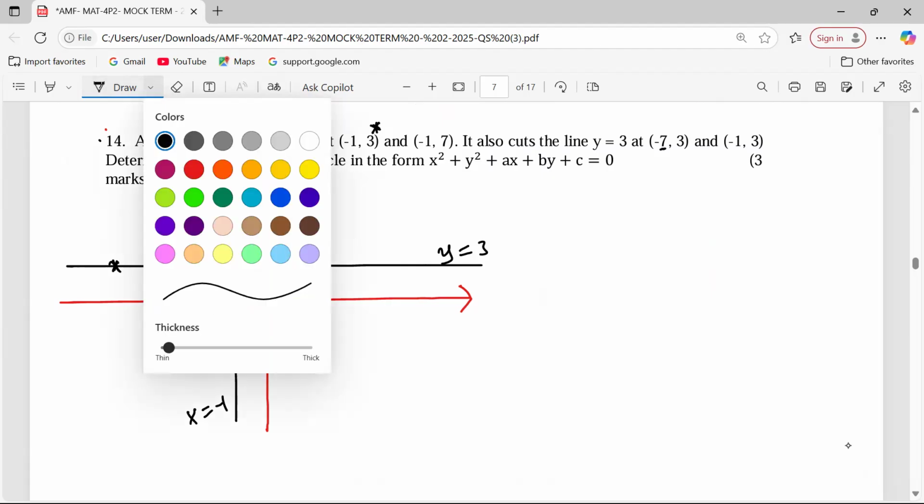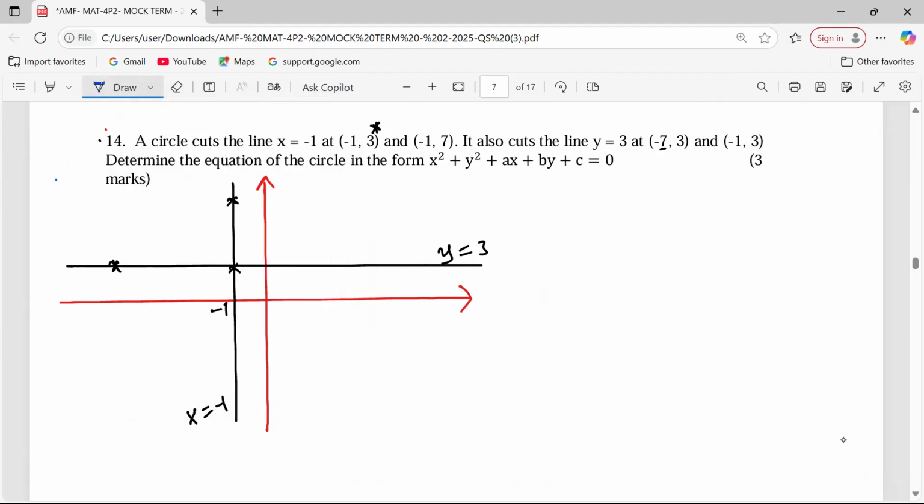So we can sketch our circle, ladies and gentlemen. The circle should pass here and continue to whatever point, but ensure it's passing through this, this way.